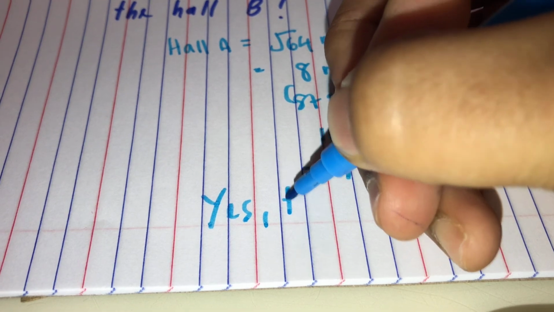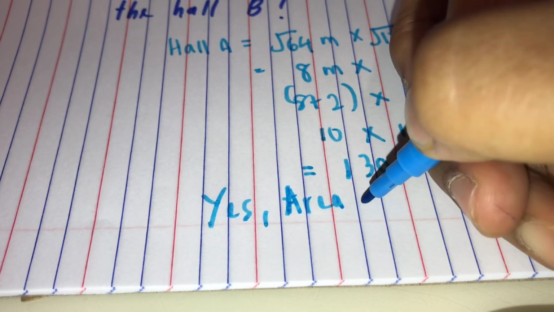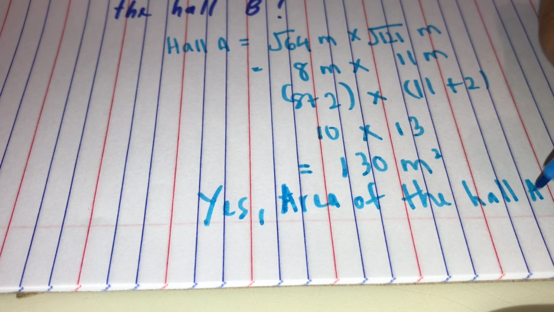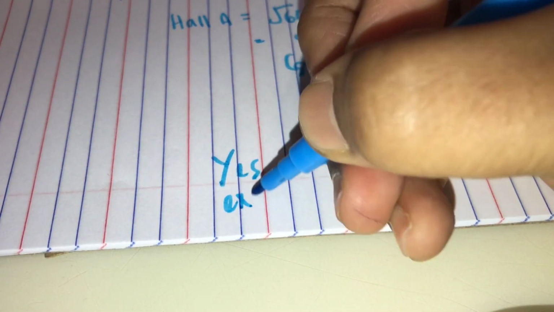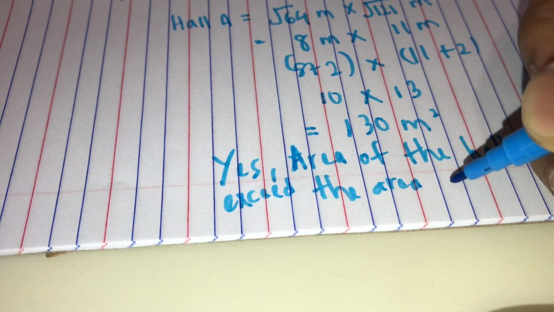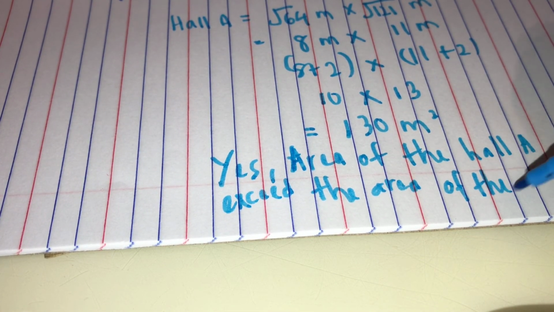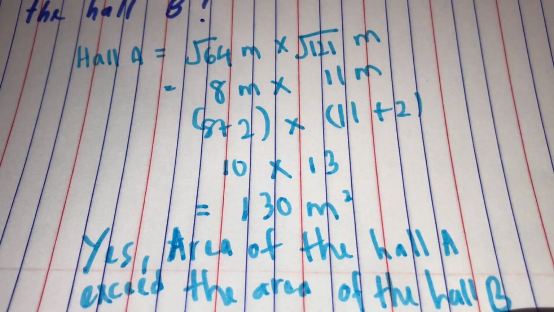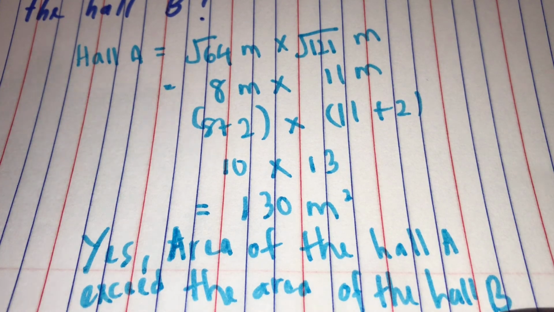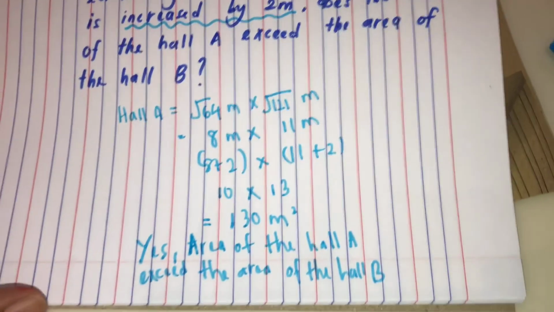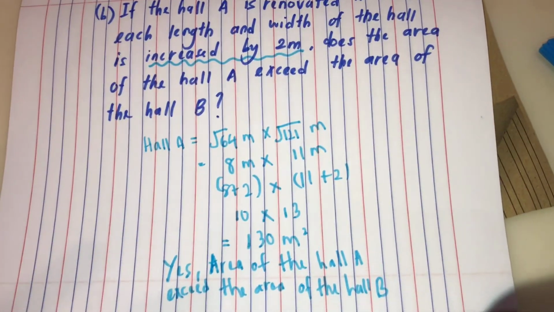The area of hall A exceeds the area of hall B. Hall B is just 105. Hall A, if the measurement increases by 2 meter, becomes 130 meter square. So this is the answer for question B.